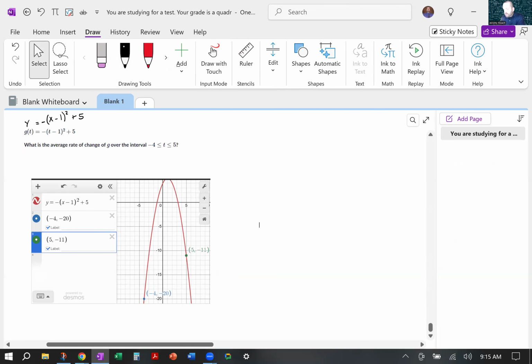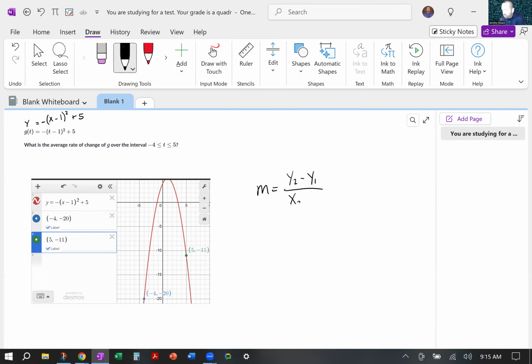The average rate of change is the same thing as slope. Our slope formula is y2 minus y1 over x2 minus x1. So let's call the blue point point number 1, that's x1, y1.